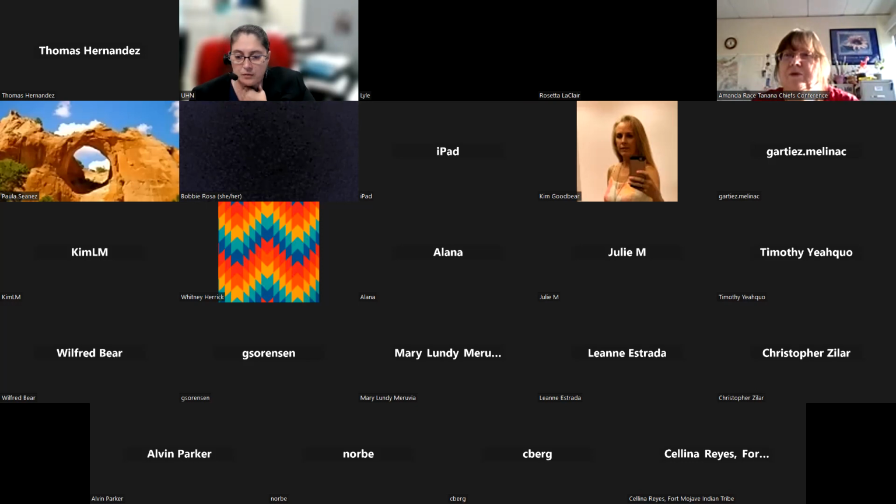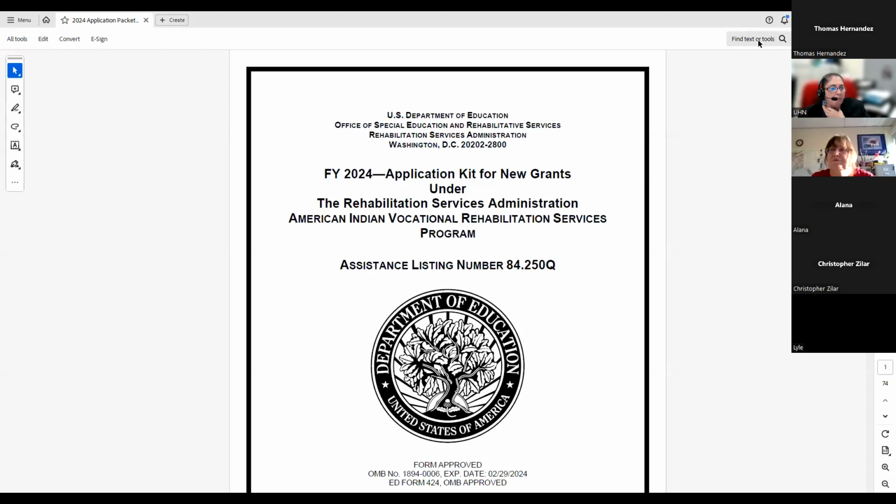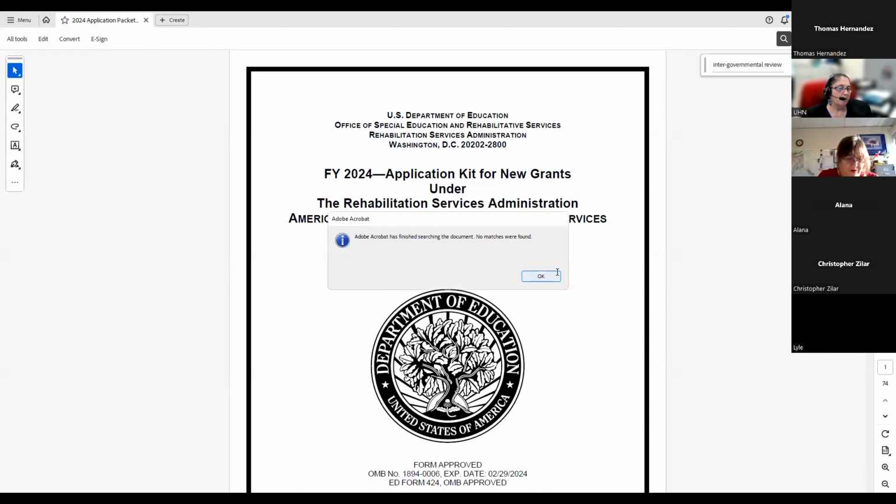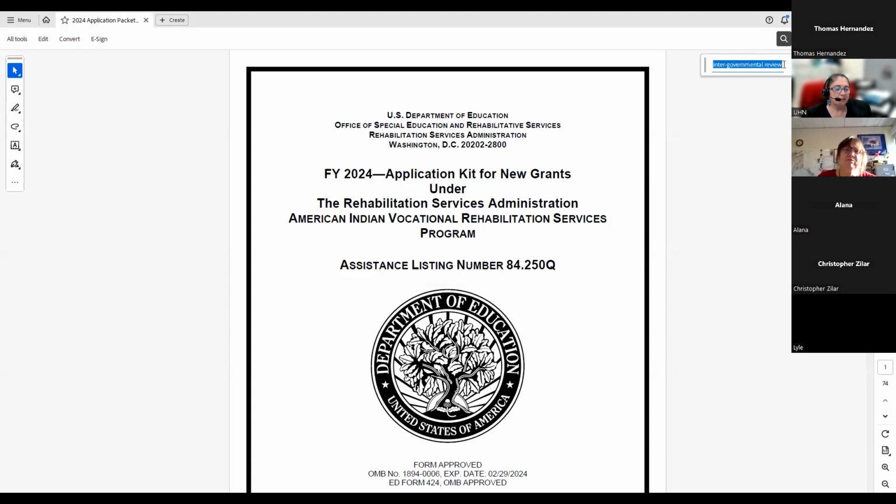I think we're supposed to, if it's, share my screen. I don't know. To the state, we wouldn't. That's the intergovernmental review. What's the number? It's going to be easier to search by the number. One, 2, 3, 7, 2.